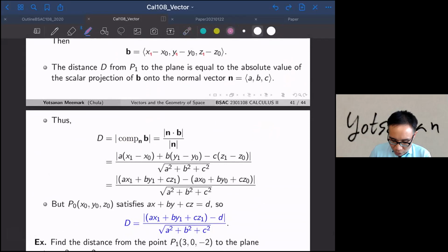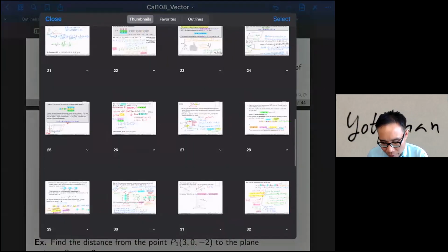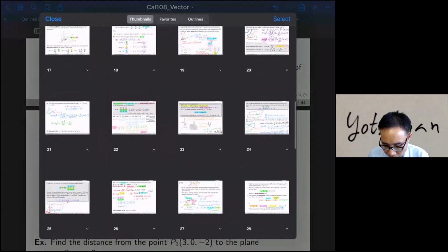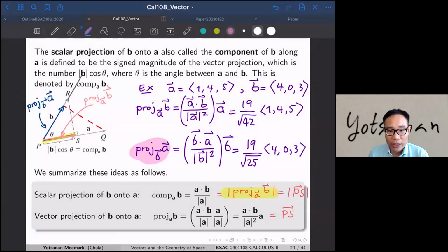This is going to be the absolute value of the component of B onto n, given by the formula n dot B over the norm of n. If you'd like to recall this, it's when we studied the dot product, on page 20 where we have the component. So this is the length, the distance that we are looking for.